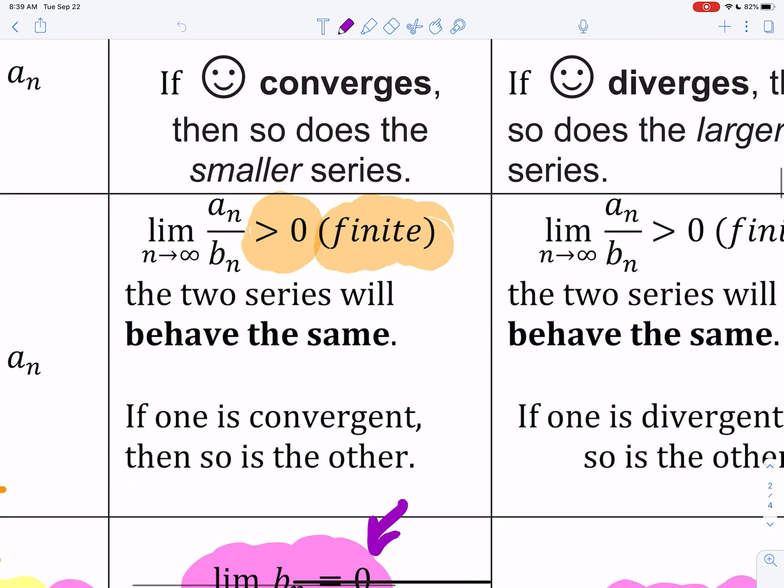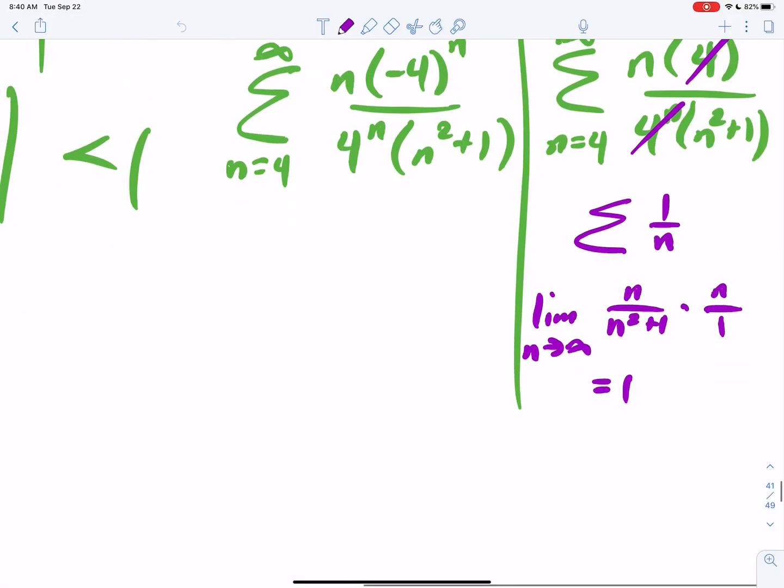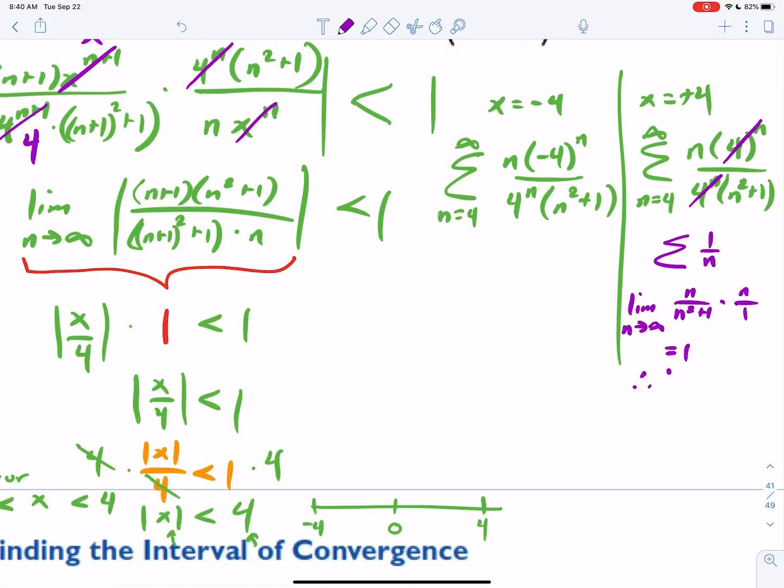It came out to 1, which is definitely positive and finite, so we know that they're going to behave the same. I know that this right here is harmonic. Therefore, it diverges by limit comparison test.